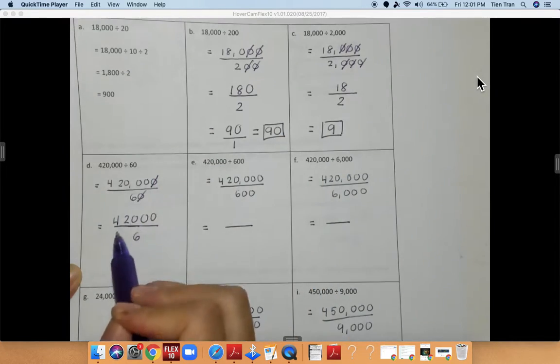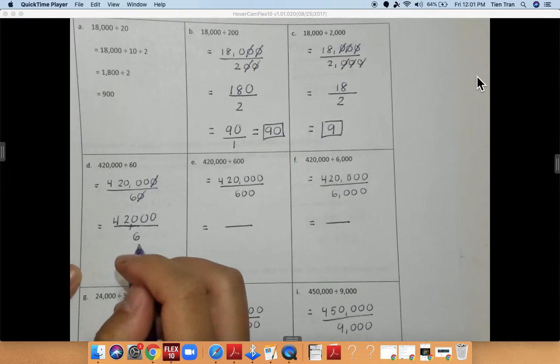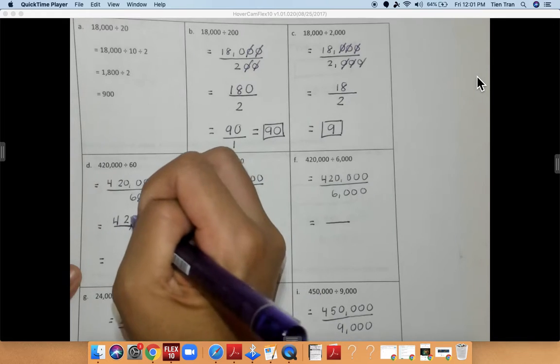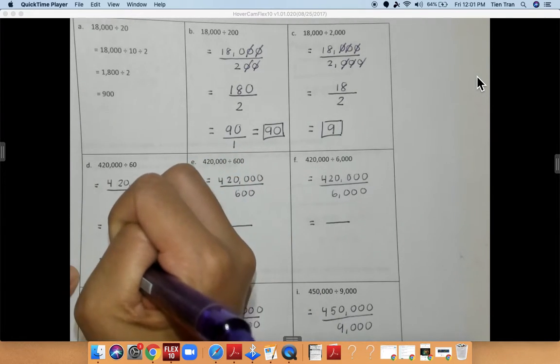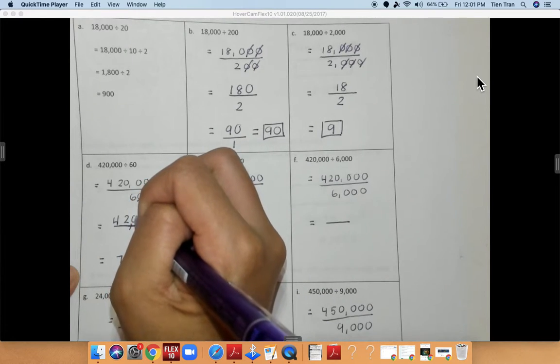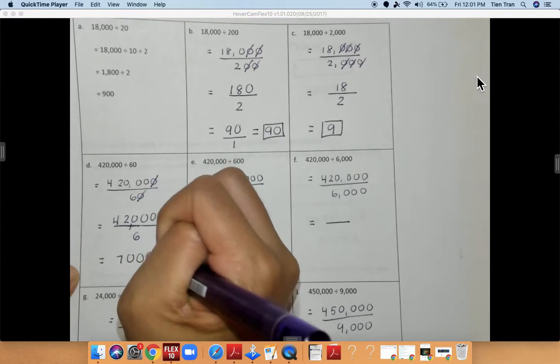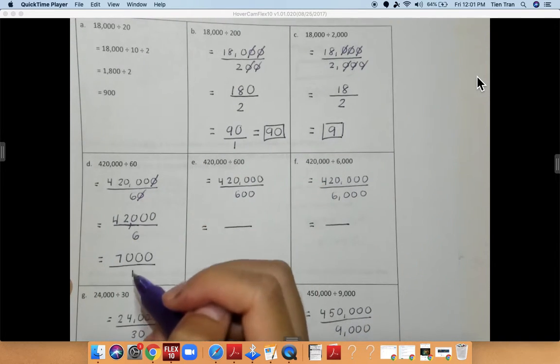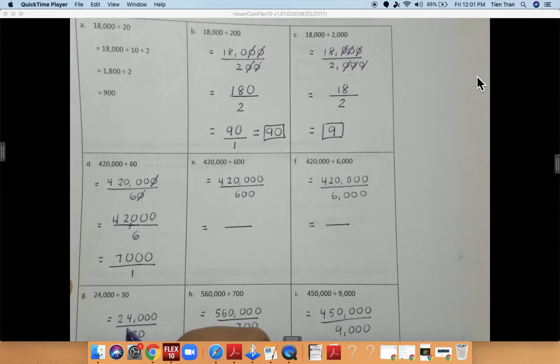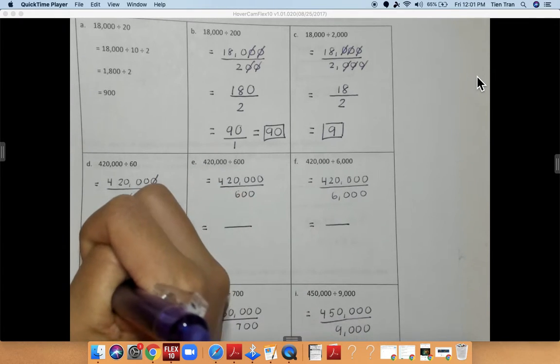So now I have 42,000 divided by 6. I know that 42 divided by 6 is equal to 7. And then I have my 3 zeros, 1, 2, 3, that I need to add onto my equation, and then 1 goes on the bottom. So 7,000 divided by 1 is going to give me 7,000.